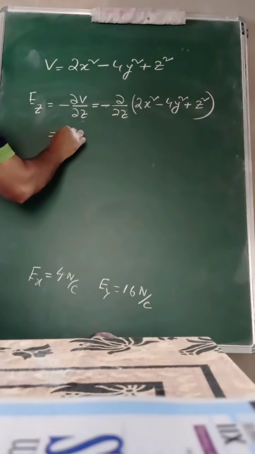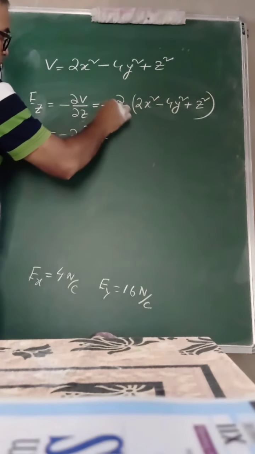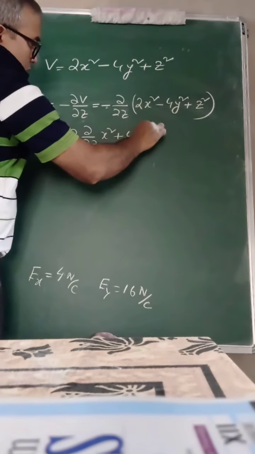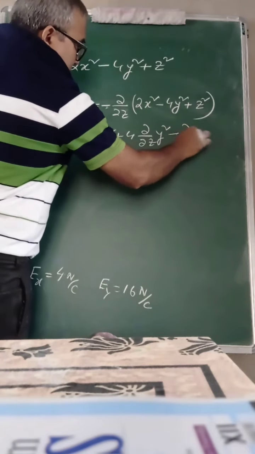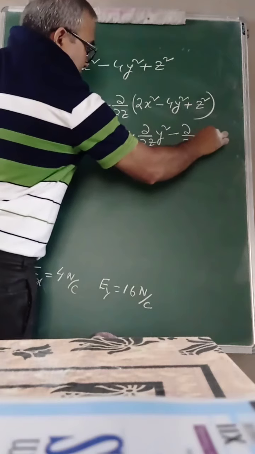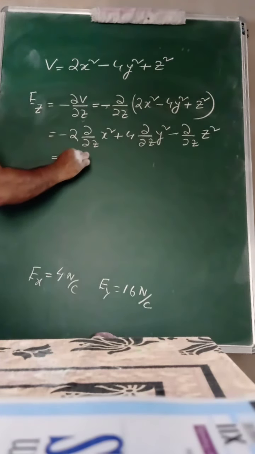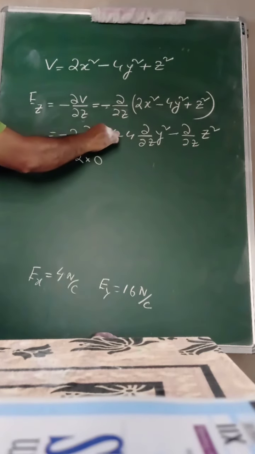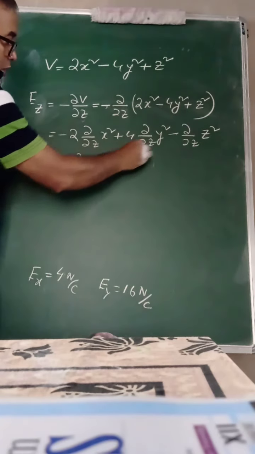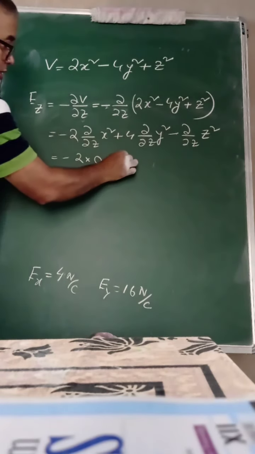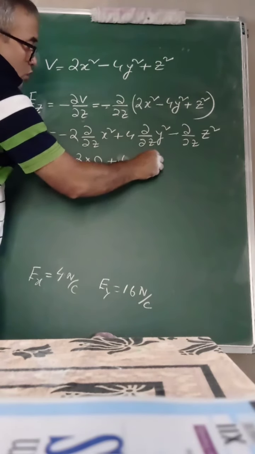So minus twice del by del z of x square, plus 4 del by del z of y square, minus del by del z of z square. So here minus 2 into 0, because we cannot differentiate x square with respect to z. We cannot differentiate y square with respect to z either, therefore it is also 0. 4 into 0 means 0.